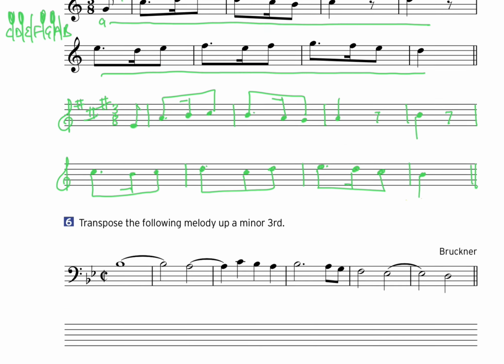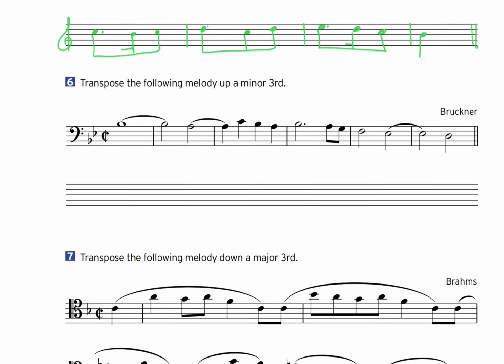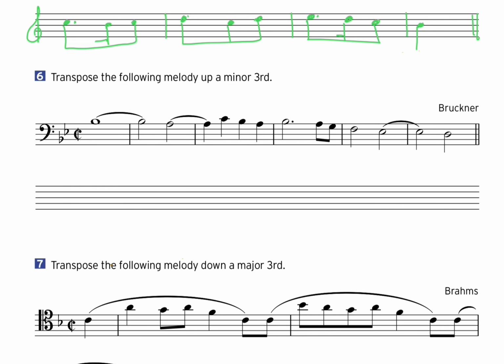For the next one we have: transpose the following melody up a minor third. So minor third but upwards this time. That means we have to go 3 semitones up. This is bass clef and there are 2 flats given here.